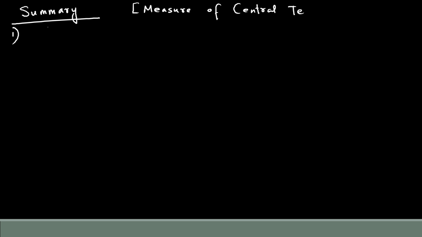Let me give you a summary here of the concepts that you need. Number one. So basically, what we are doing in this chapter in statistics is measure of central tendency.